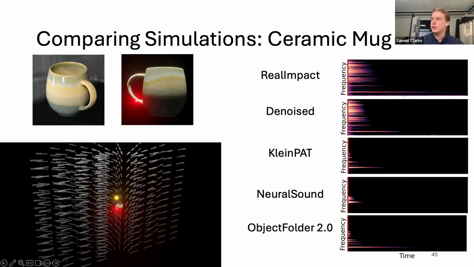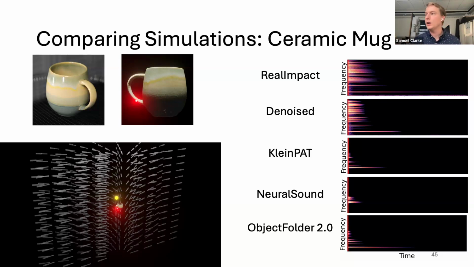This ClangPat simulation models objects as hexahedral meshes, so they're not quite as faithful to the geometry, but it also models the acoustic transfer, or how the sound moves through the air. Neural Sound is similar, but it's a learning-based method that models both the object acoustics and also the acoustic transfer.